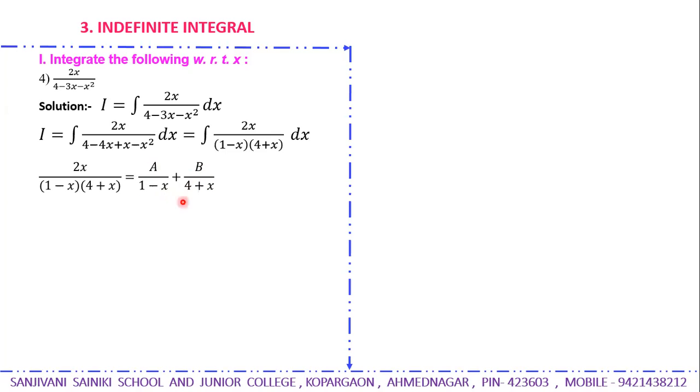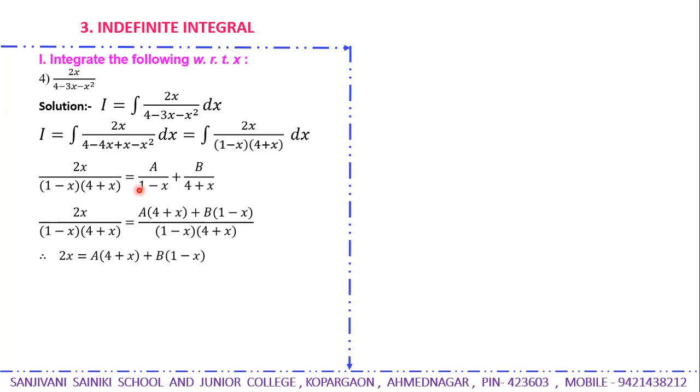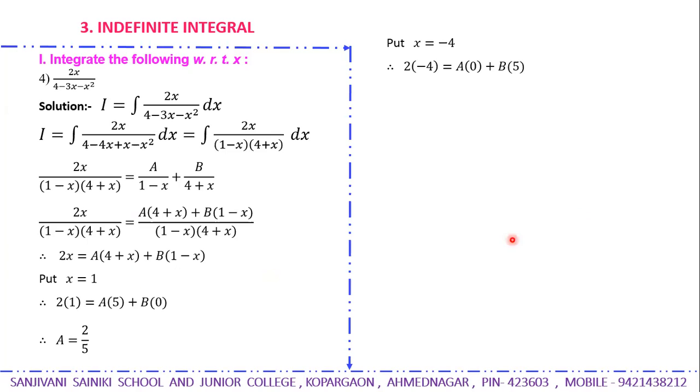So here each of these factors are linear and non-repeated. So use simplification. Now we will put x is equal to 1 to find the value of a and x is equal to minus 4 to find the value of b from this equation.